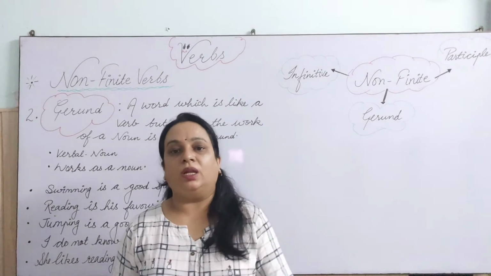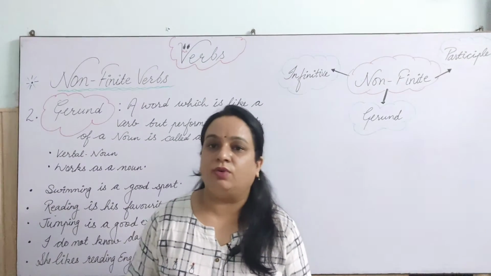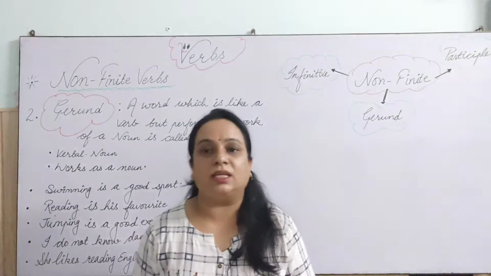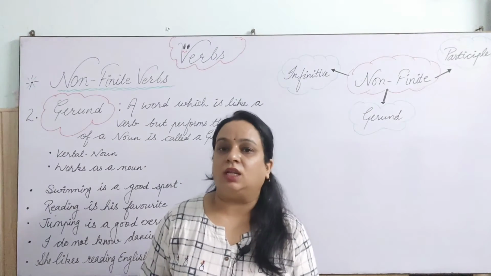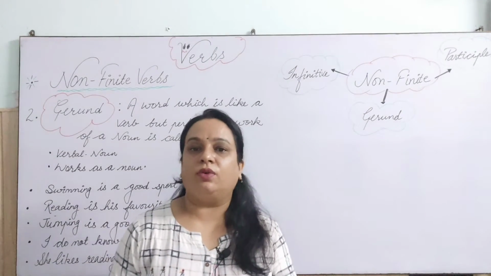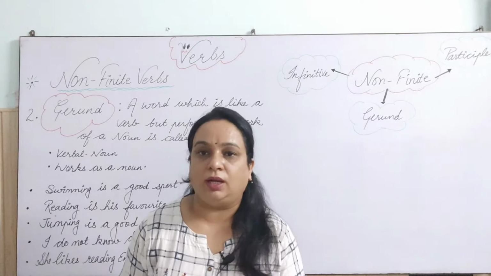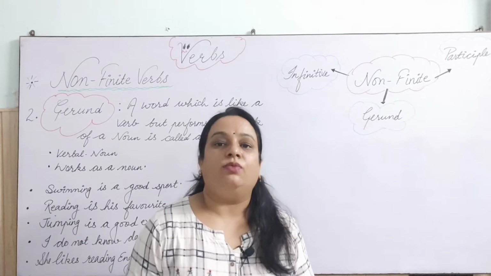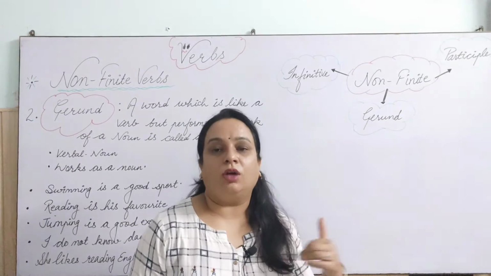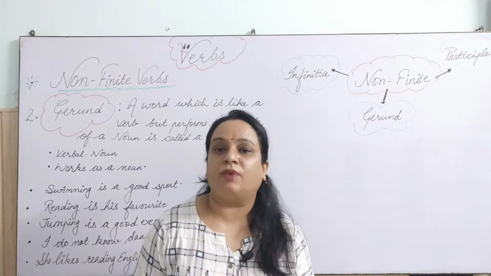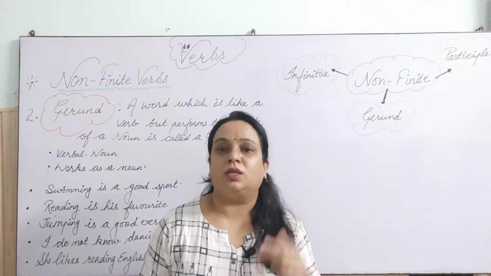With that, we learnt that a non-finite verb can work as an adjective, as a noun and as an adverb in the sentence, right? After that, we learnt that non-finite verbs are further divided into three groups or three parts.